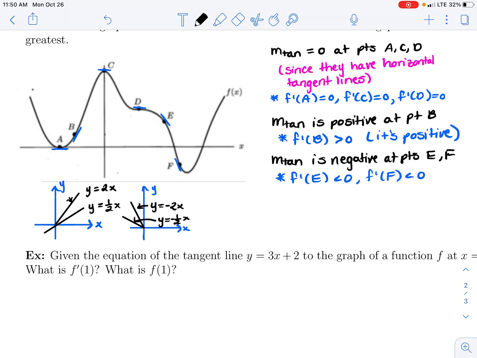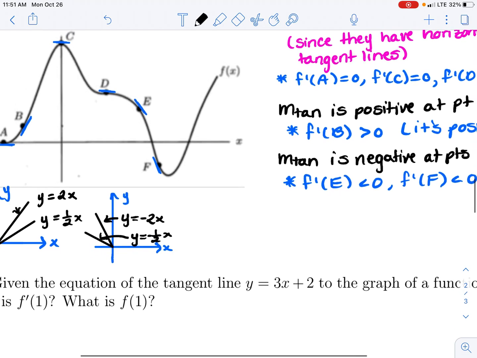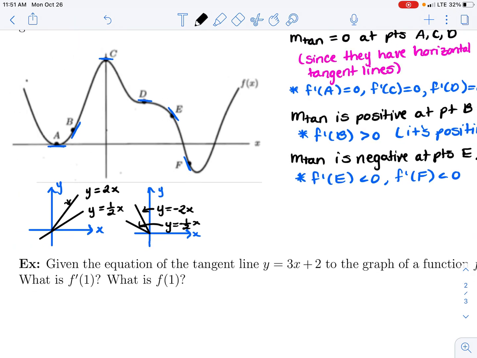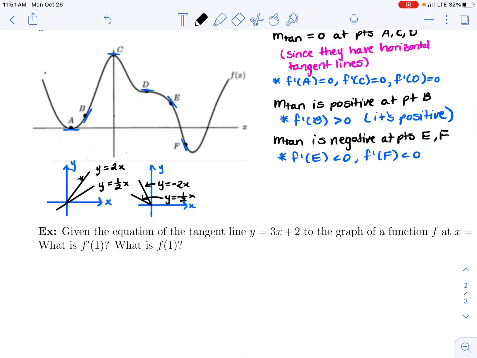Looking back at the tangent lines for points E and F, it might be a little hard to tell the way I graphed these tangent lines, but the idea is that at point F, that tangent line is steeper than the tangent line at E. So when I'm comparing these slopes, I know that the slope at point F is going to be less than the slope at point E, because the slope there is negative and that line is steeper.